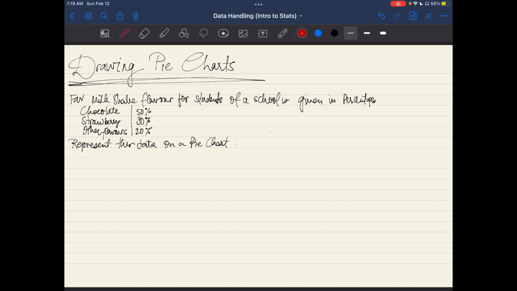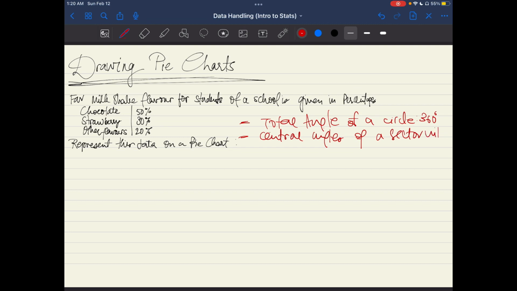We know that the total angle of a circle is 360 degrees, right? And the central angles of sectors will be fractions of 360 degrees, correct?